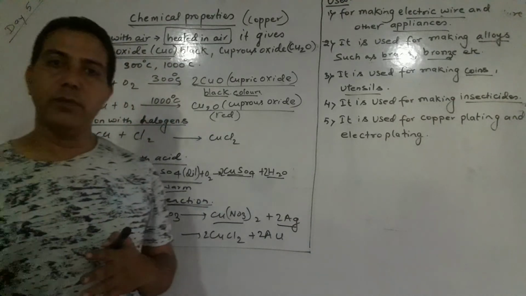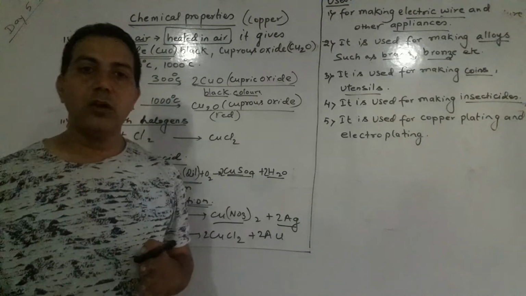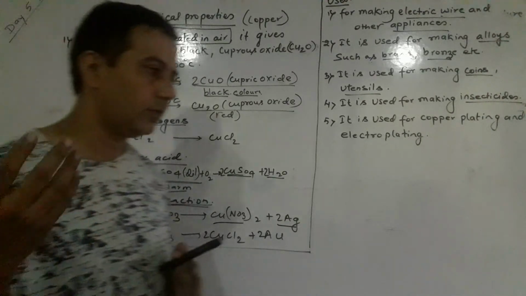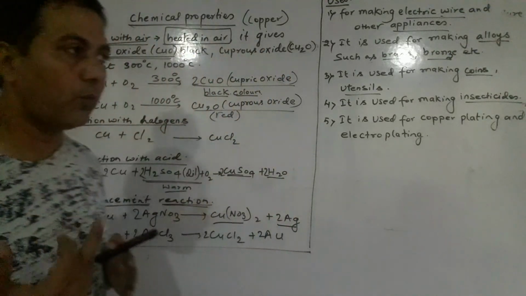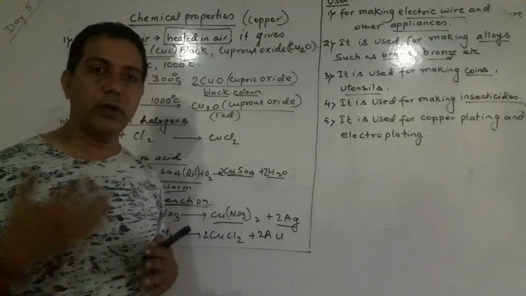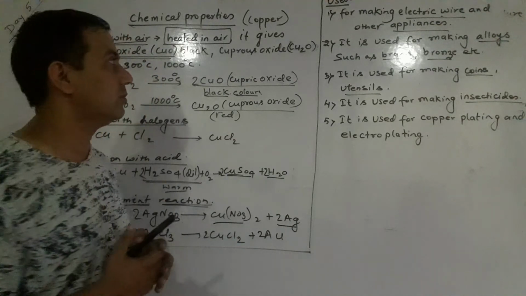Like the transformer, the copper wire is used in transformers, general home wiring, and other fan wiring, winding, etc. These are also used in electrical utensils.